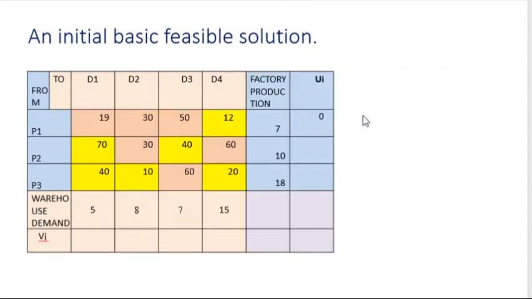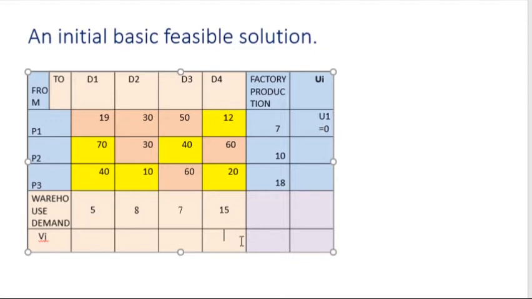Now I am going to calculate Ui and Vj. For that, what will I do initially? Initially I put U1 equal to 0. Now this U1 equal to 0 can be used for calculation of V4.